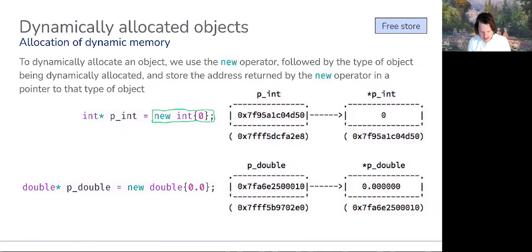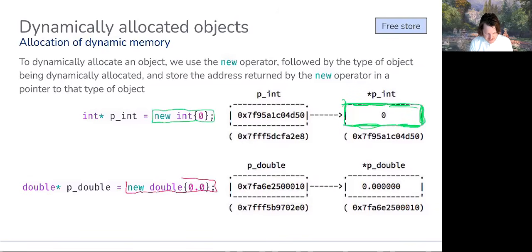And if we look at that, we can see a brand new object whose memory is allocated on the free store, and its initial value is now defined to be 0. Likewise, for our double object, it's again just new double.